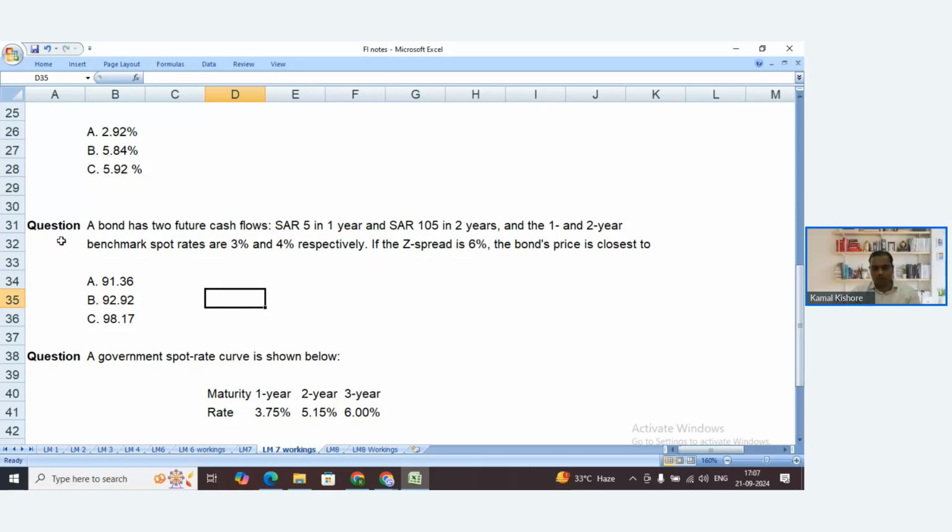A bond has two cash flows, and the 1 and 2 year benchmark spot rates. Benchmark is what? Government yield spot rates. That means today, for 1 year it is 3%, for 2 year it is 4%. Okay, and the spread is 6%. Calculate the bond's price.